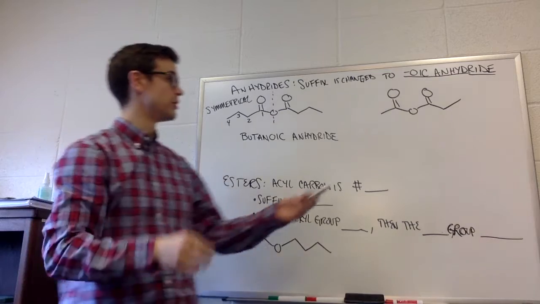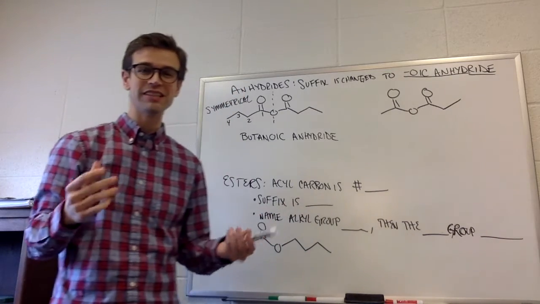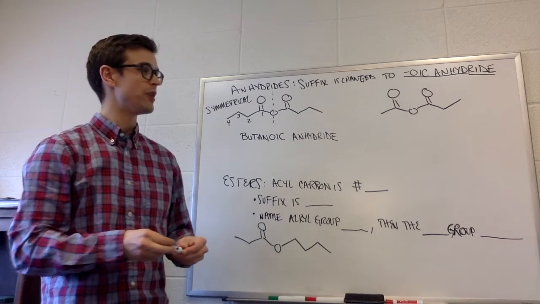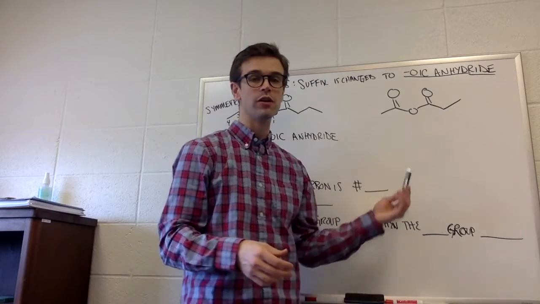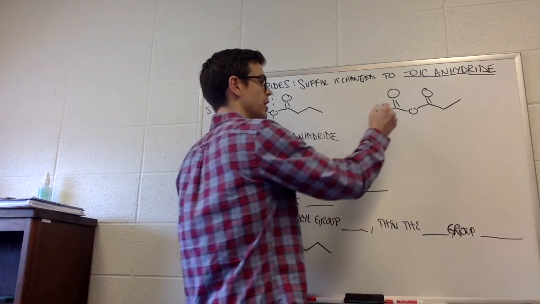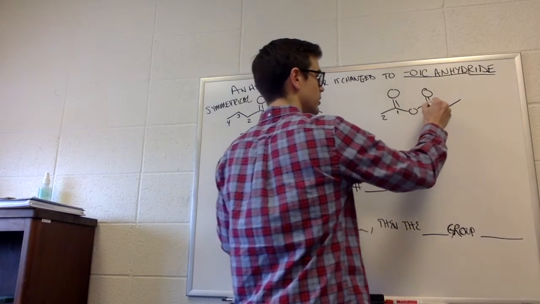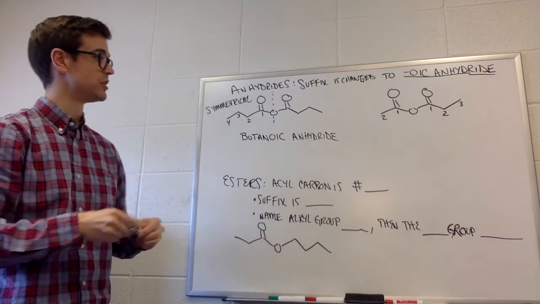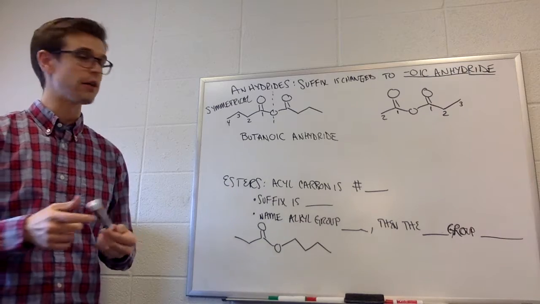It turns out that unsymmetrical anhydrides aren't really very synthetically useful. We don't usually have them, so we're definitely not going to make very complicated ones. This would be a pretty non-complicated anhydride. But in any case, this side is 2 carbons long, this side is 3 carbons long. So we are going to just stack those names on top of each other.